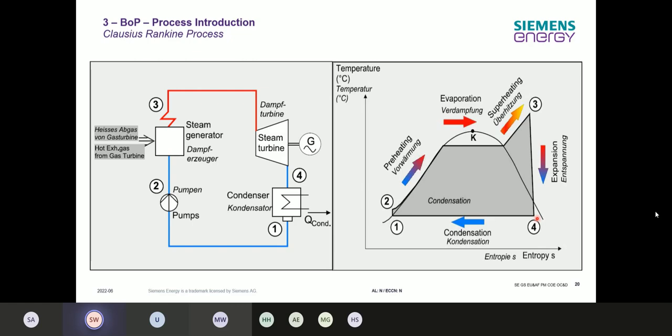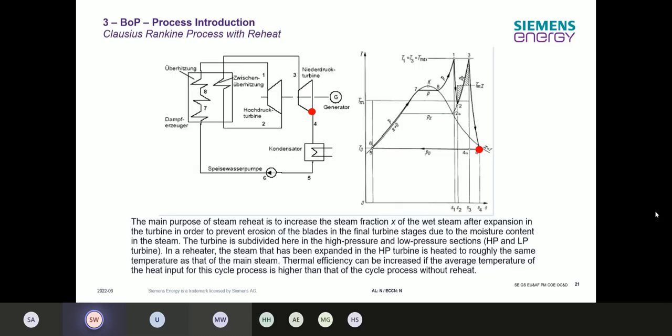In your power plant, let's say you have the HP circle, you have an LP circle. So LP is the same, happening with preheating, evaporation, superheating, and then getting into the LP turbine. Over here, we see now the Clausius-Rankine process with the reheating.